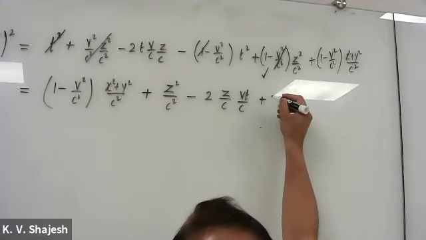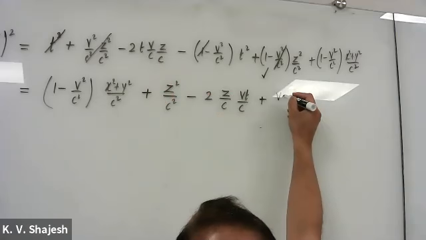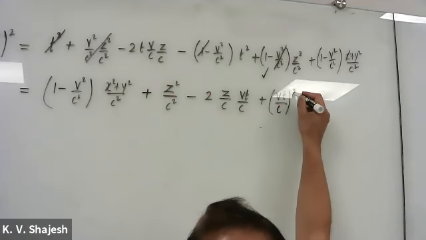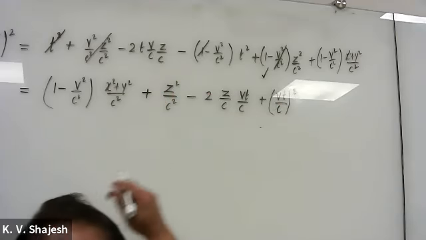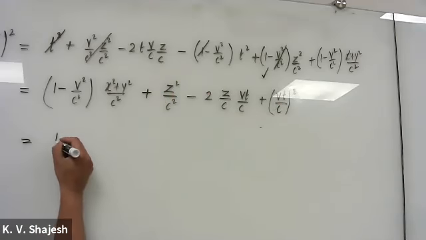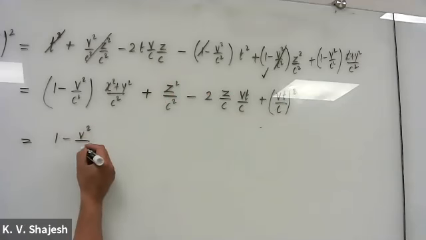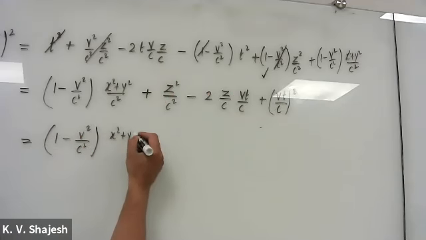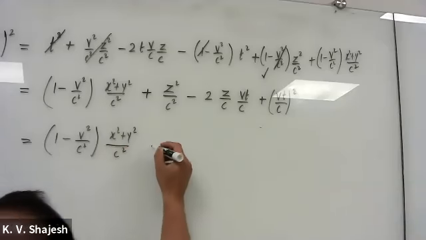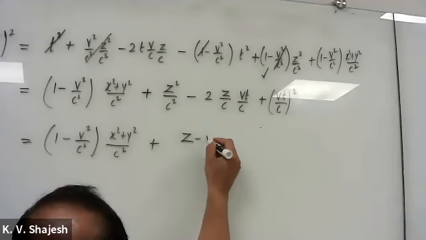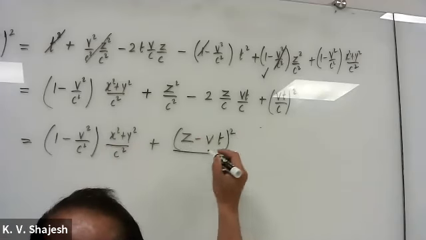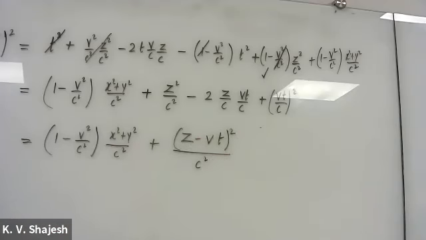And we have plus v squared t squared, which is vt over c squared. That's a whole square, right? So that's equal to this, which can be written as z minus vt, the whole square, over c squared.